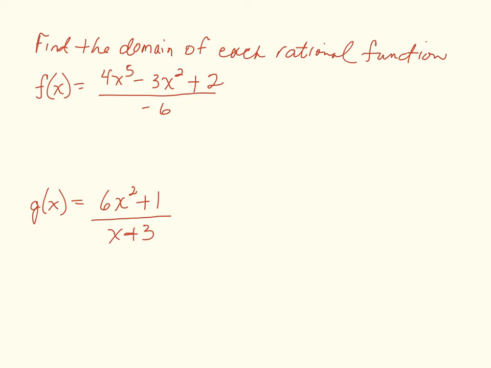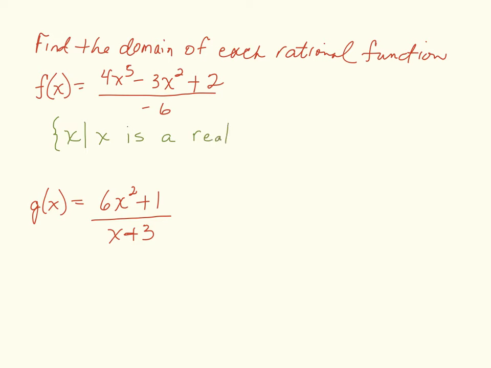So when you have a constant in your denominator, then every number on the whole number line is part of your domain. So you would write the domain is the set of all x such that x is a real number.